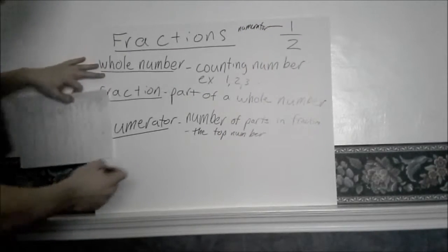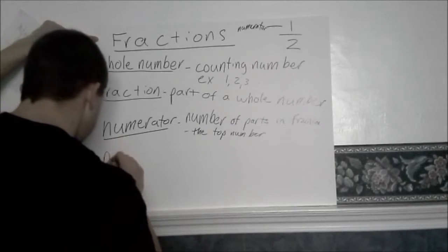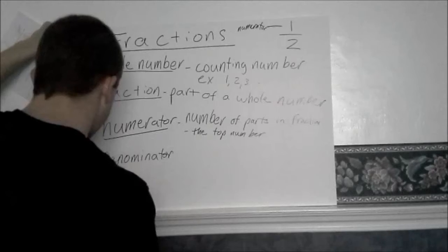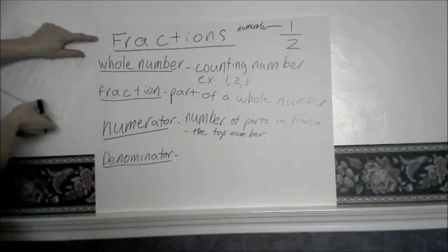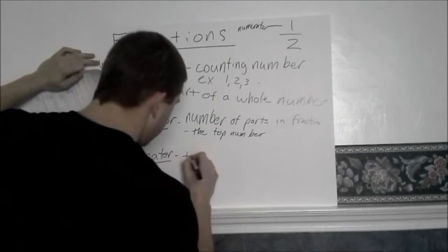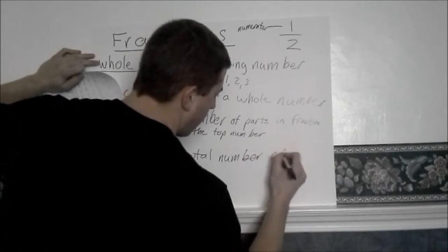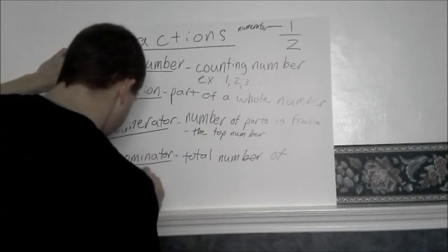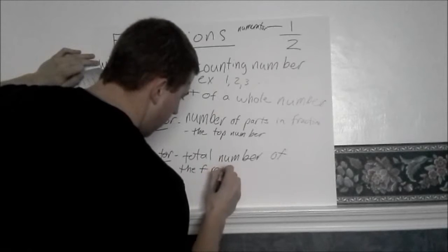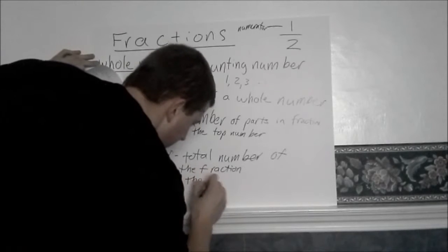Okay? The next piece that we have to talk about is the denominator. Now the denominator is the total number of parts in the fraction, or the bottom number.